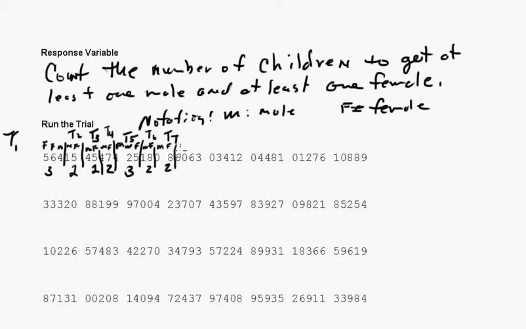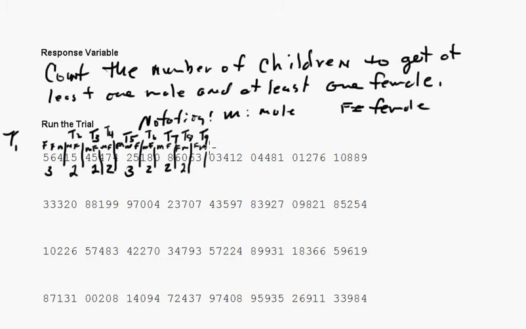Doesn't look all that bad, does it? This time it's female, male, female, male, different order. Trial 8 is a 2, and then it's female, male.